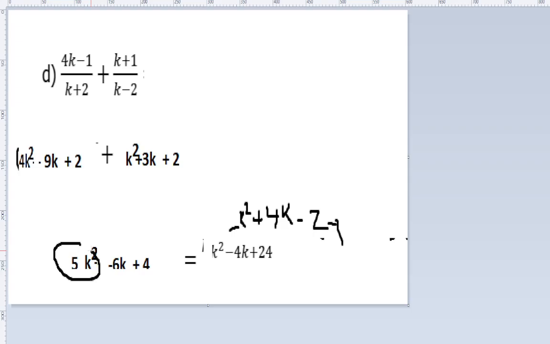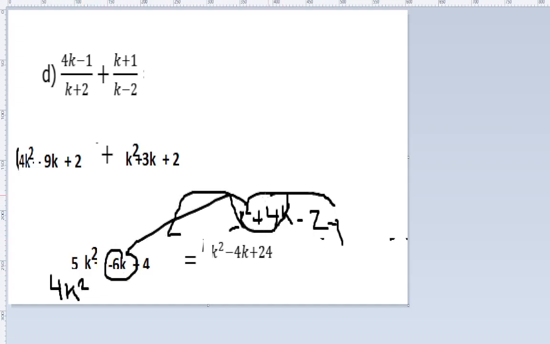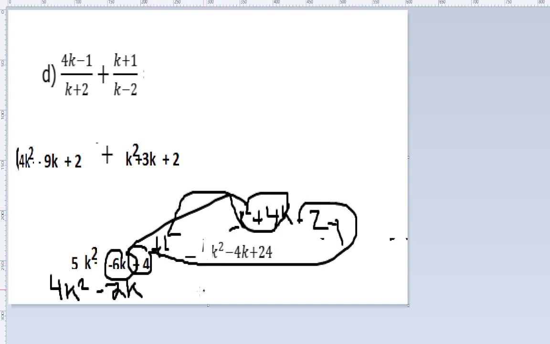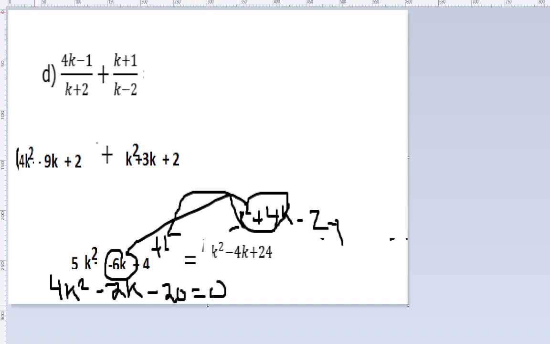So 5k squared minus 1k squared becomes 4k squared, minus 6k plus this 4k, because whatever I do on the right side, I have to do on the left side, becomes minus 2k, and plus 4 minus 24 becomes minus 20, and it's all going to equal 0. Complicated, isn't it?